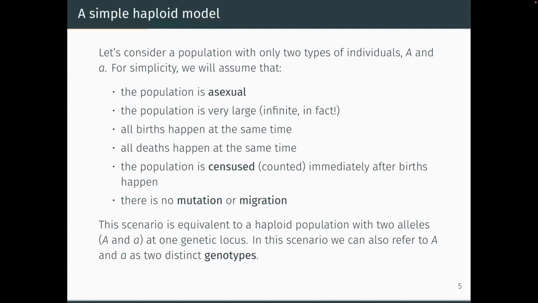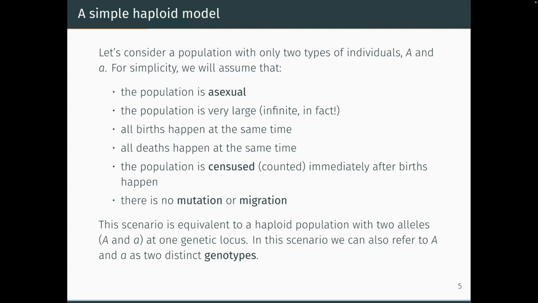We're going to make a few assumptions to make our model simple. We're going to assume that our population is asexual, so we don't have to worry about mating. We're going to assume that our population is very, very large. In fact, we're going to assume that it's infinite. This allows us to treat things as being deterministic, so we don't have to think about stochastic effects. In finite populations, really, we should be thinking about those stochastic effects or random sampling. That leads to things like genetic drift. We're not going to be thinking about that.